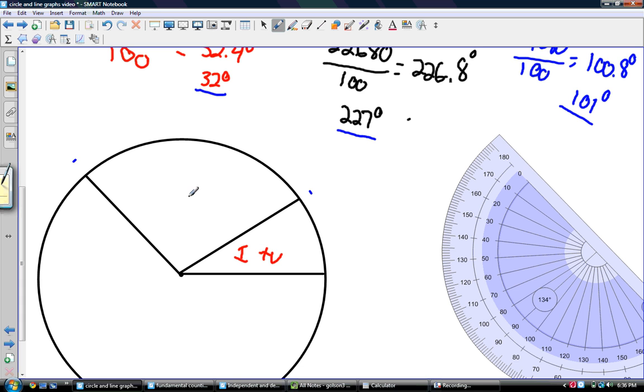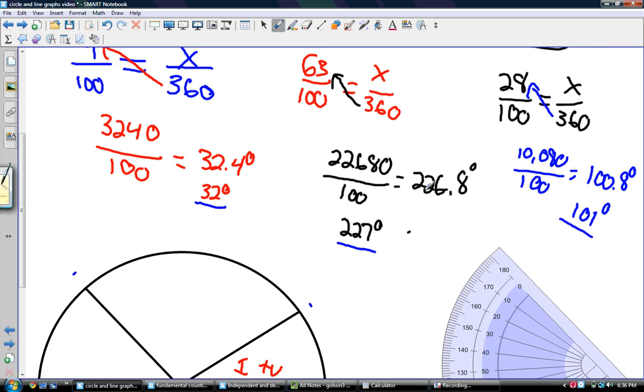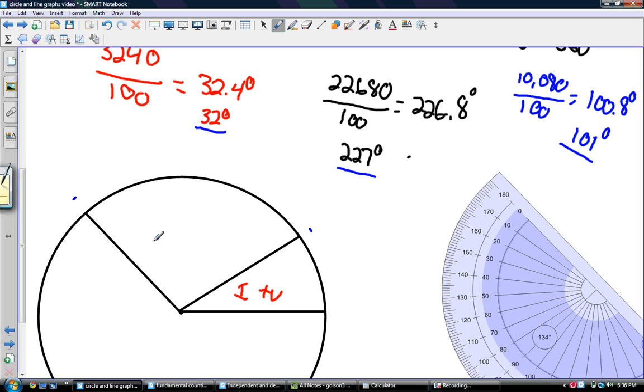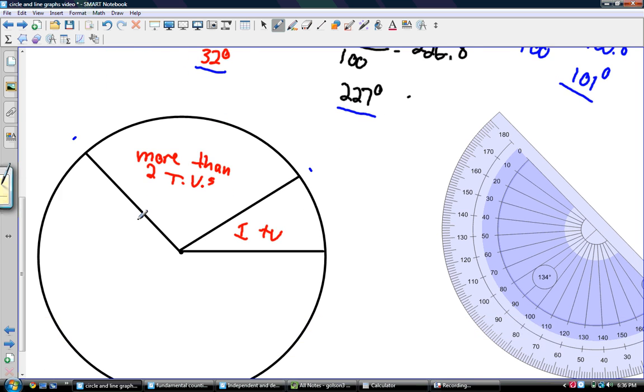Then the section with 101 degrees, that was the people who said they have more than two TVs in their house. Again, it just comes in right in the circle, and I just label this section as more than two. And then the big section down here is those that had exactly two TVs. So I'll label that as two TVs.